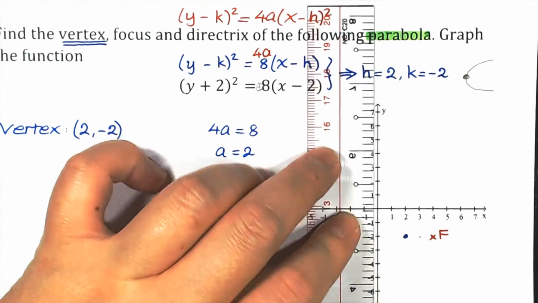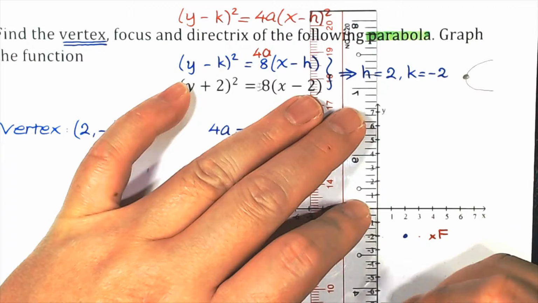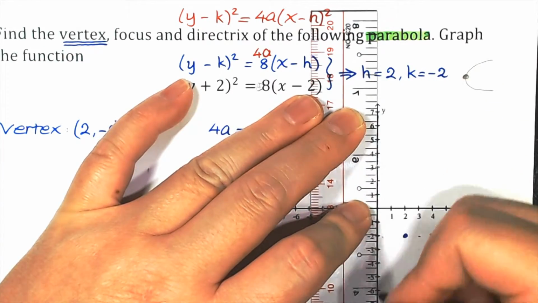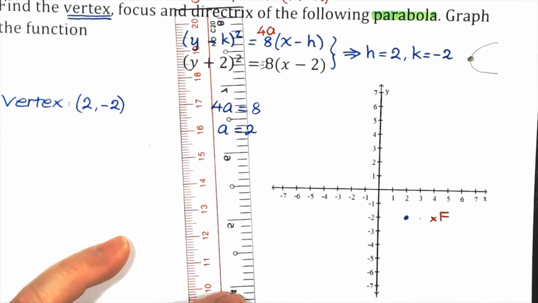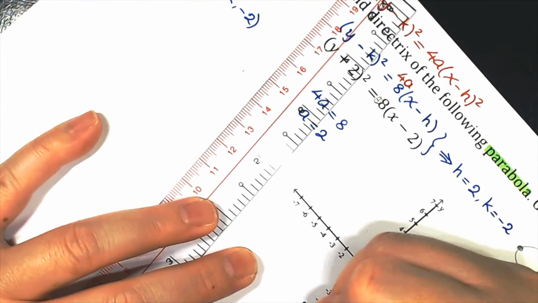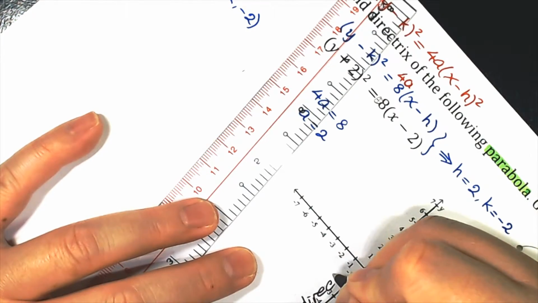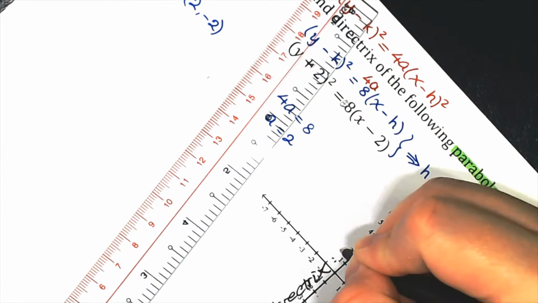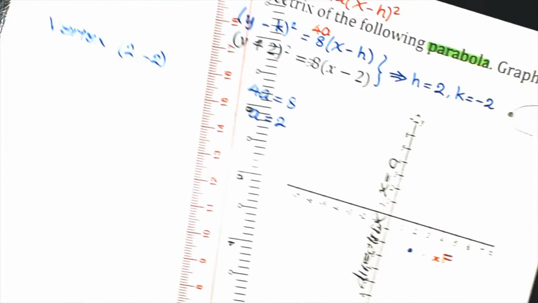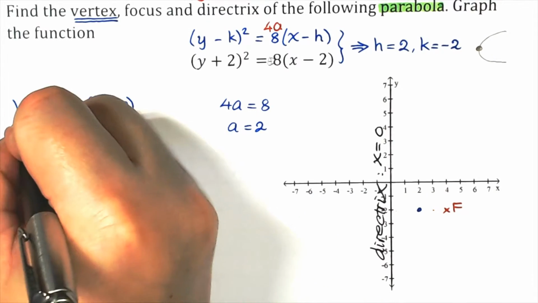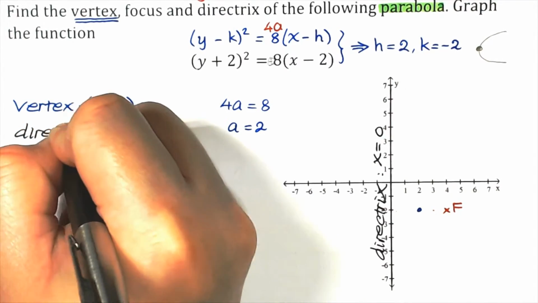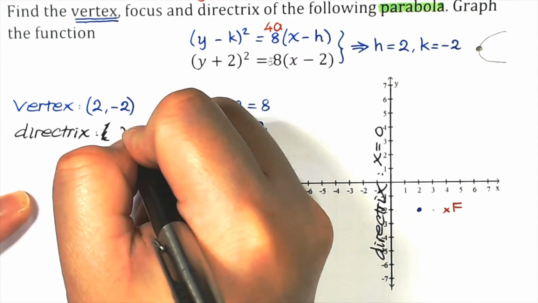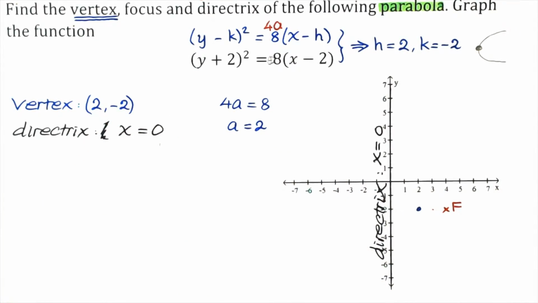So we should have this line as the directrix, and that is the y-axis. Therefore, the equation is x equal to 0. So the directrix is the equation x equal to 0, the y-axis.